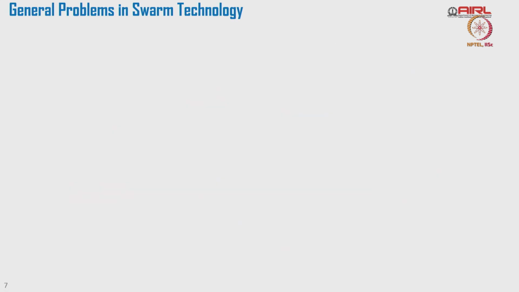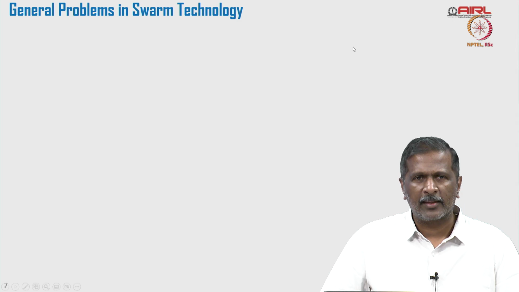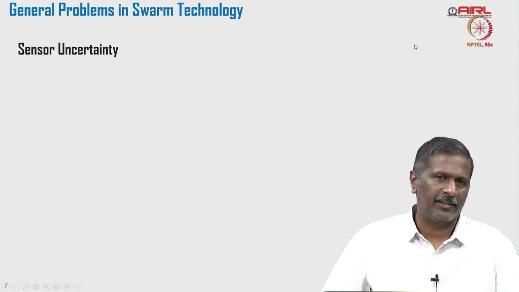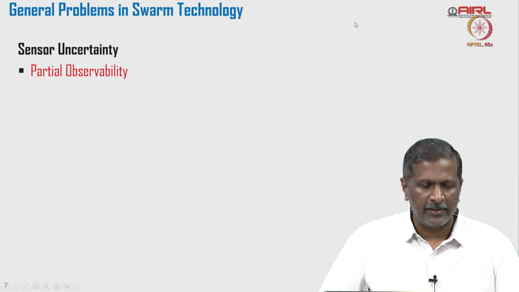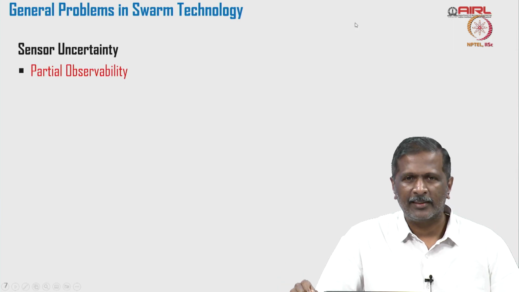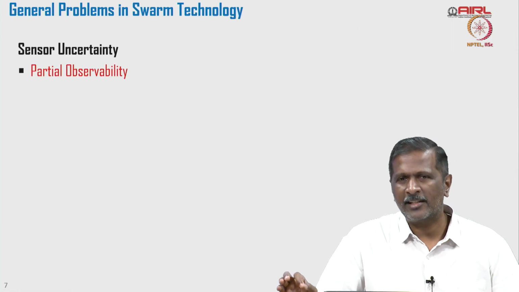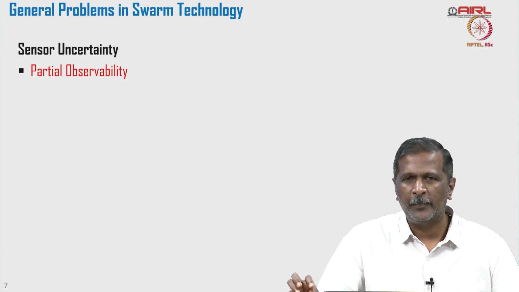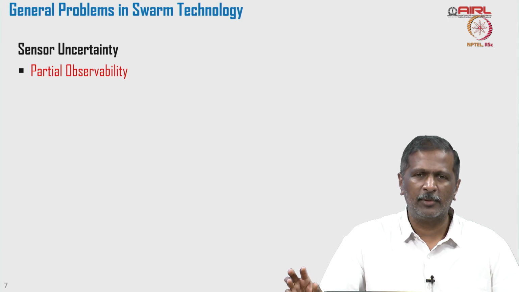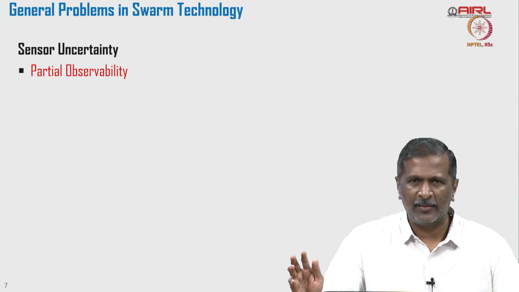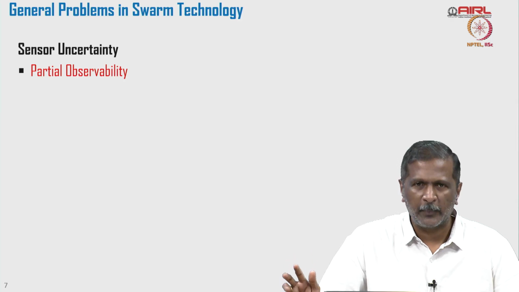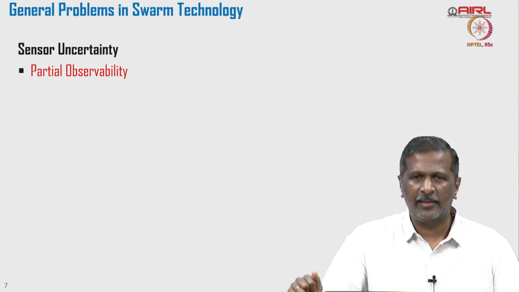Now, what are the problems associated with swarm solutions? Let us look at one by one. Sensor, partial observability. Your sensor is not able to see everything. Let us say two UAVs are flying and there is a wall between.